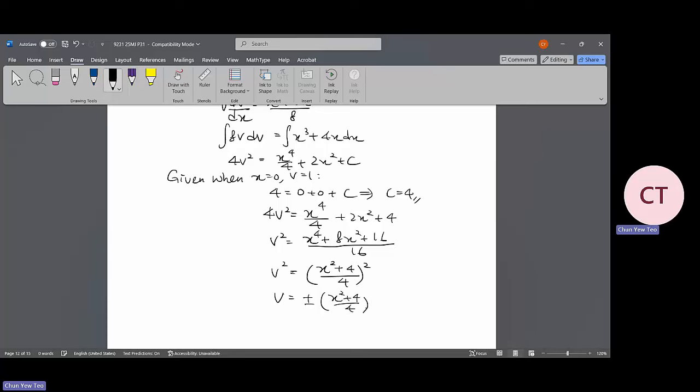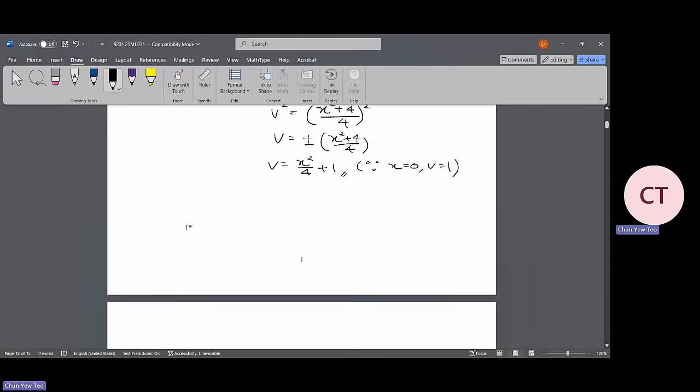However, v is equal to x squared over 4 plus 1, because when x equals 0, v is equal to 1. In order to fulfill this condition, you need to write v as the positive x squared over 4 plus 1. So done, this is the answer for 1a.